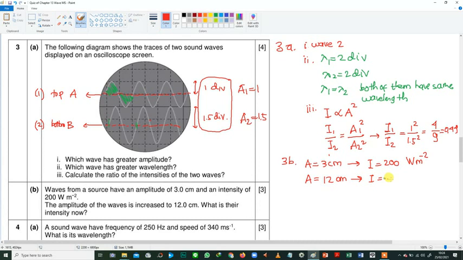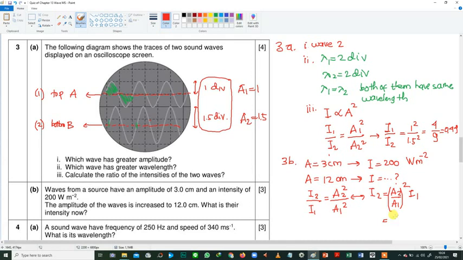So what is the intensity? I write the intensity of the second compared with the intensity of the first one. So it's the amplitude of the second divided by the amplitude of the first. You can change the equation into A2 divided by A1, and since both are squared, I can write it like this, squared, times I1.